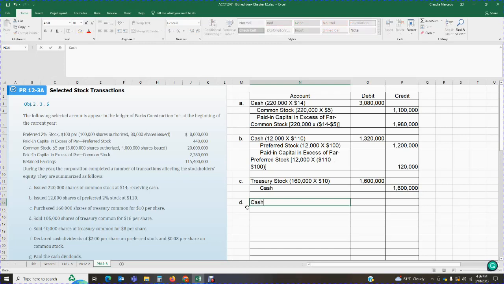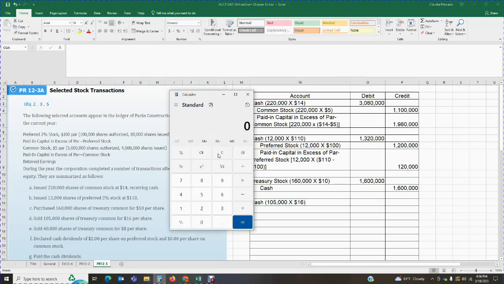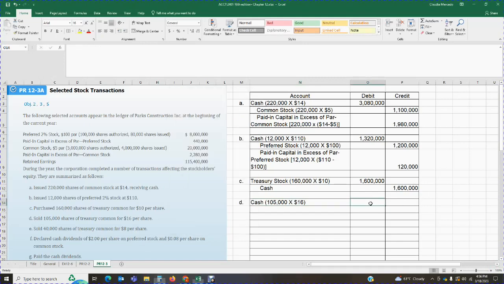When we make a sale of stock, we receive cash. We sold 105,000 shares at $16 a share. 105 times 16 gives me 1,680,000.